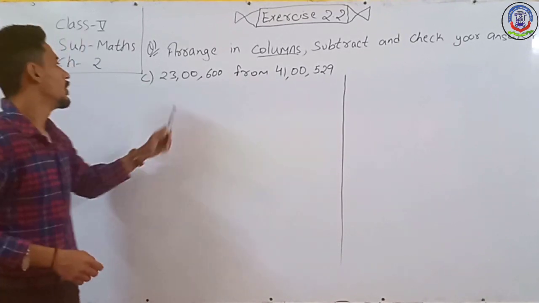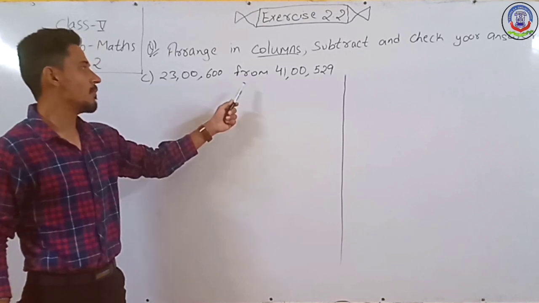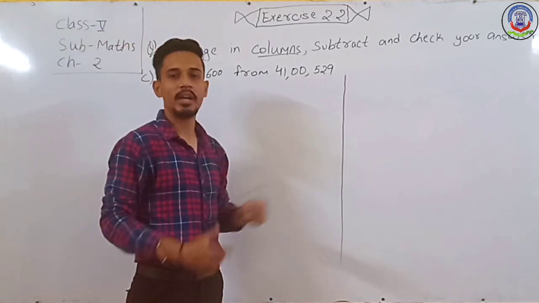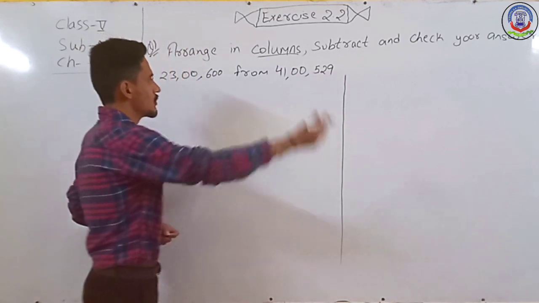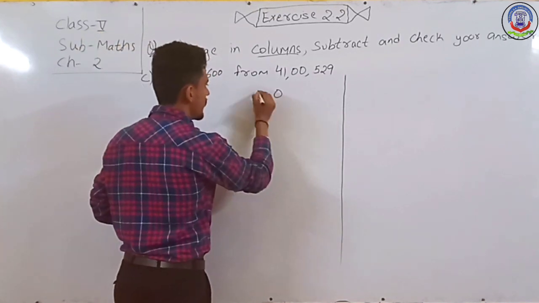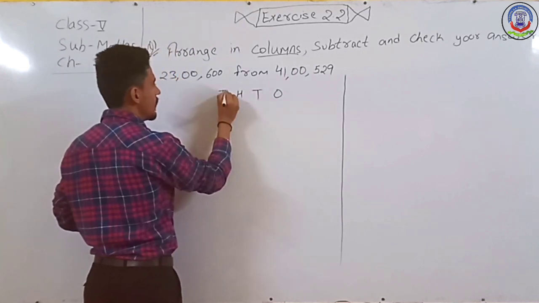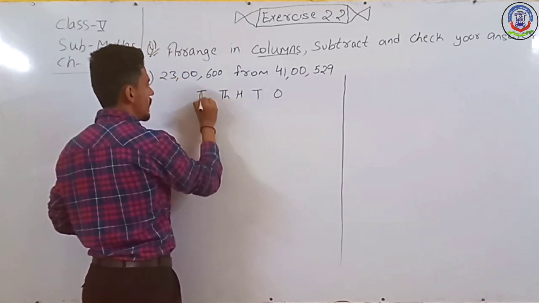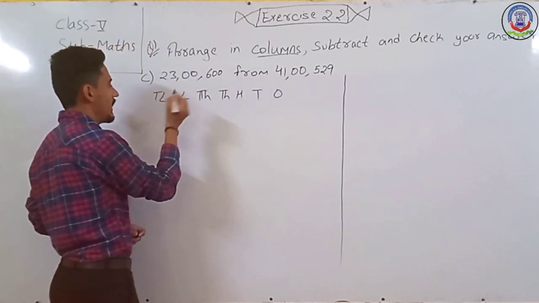Now see, we have to subtract 23 lakh 600 from 41 lakh 529. So same, we arrange into columns. So we have ones, tens, hundreds, thousands, 10,000, then lakhs and 10 lakhs.